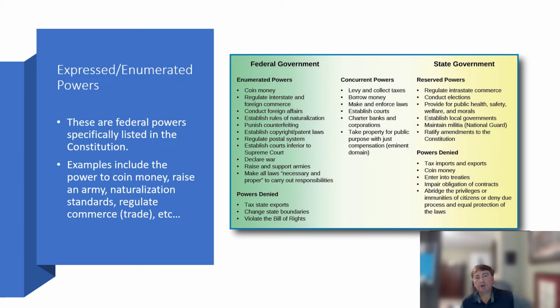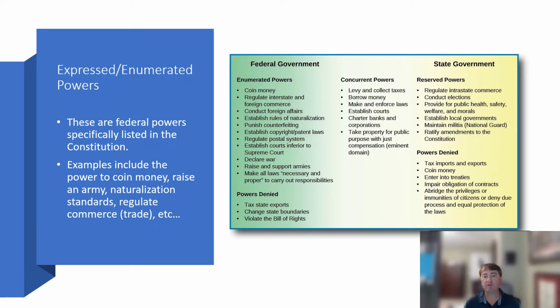Now, when we're talking about the federal government, there are certain kinds of powers that the federal government has. Ones that we specifically know about are called expressed or enumerated powers. The reason they're called that is because they are specifically expressed, or listed, enumerated, in the Constitution.